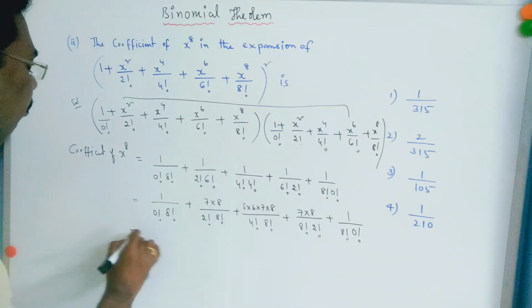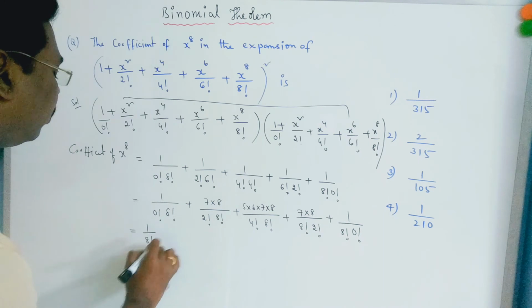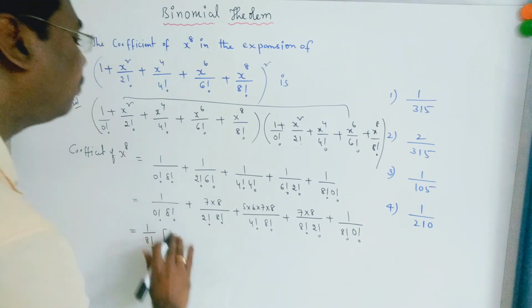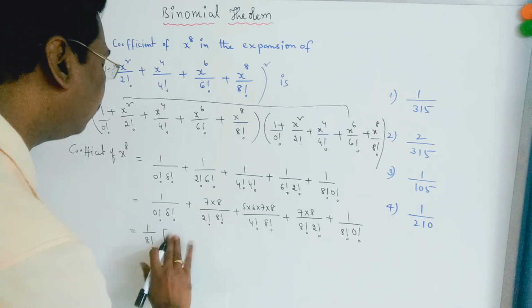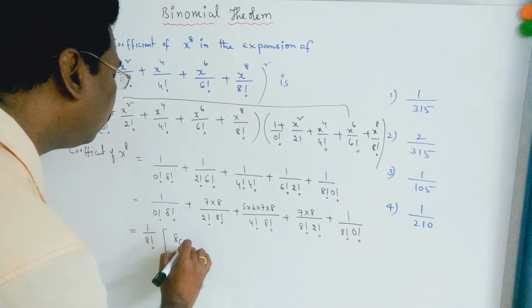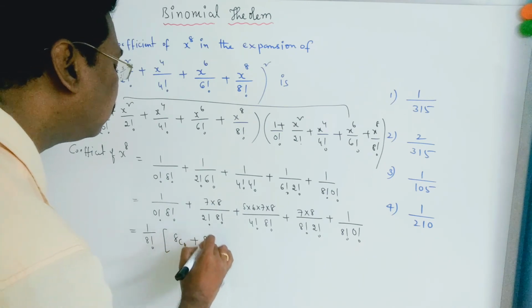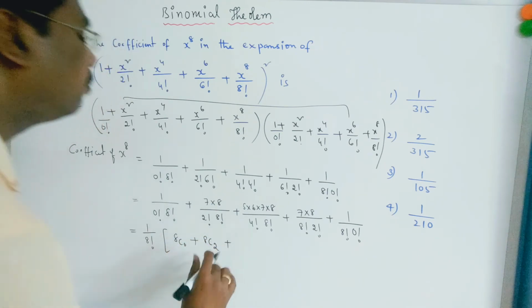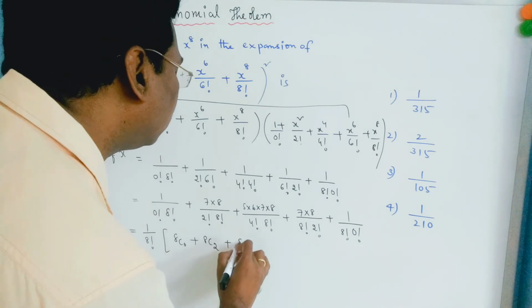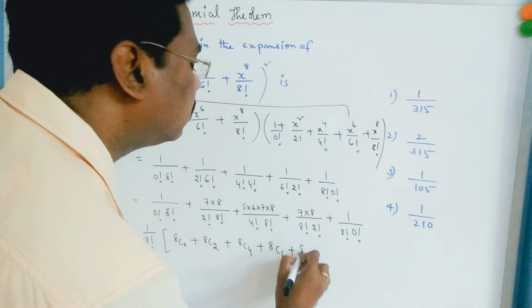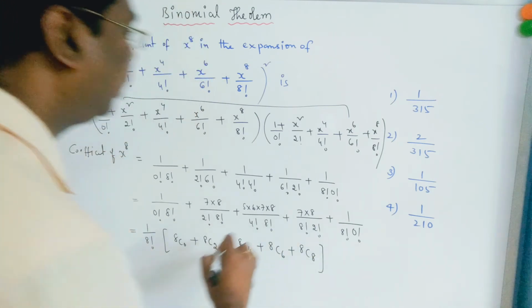Okay, now 1 by 8 factorial is common. Now 1 means 8C0, 8C0 plus 8C2 plus 8C4 plus 8C6 plus 8C8.